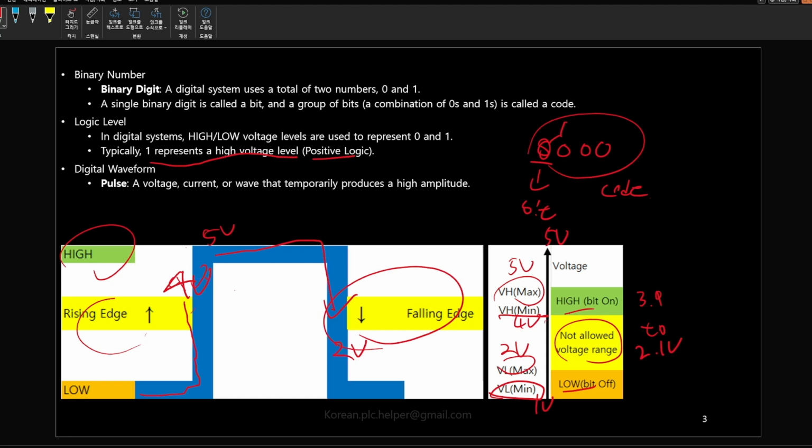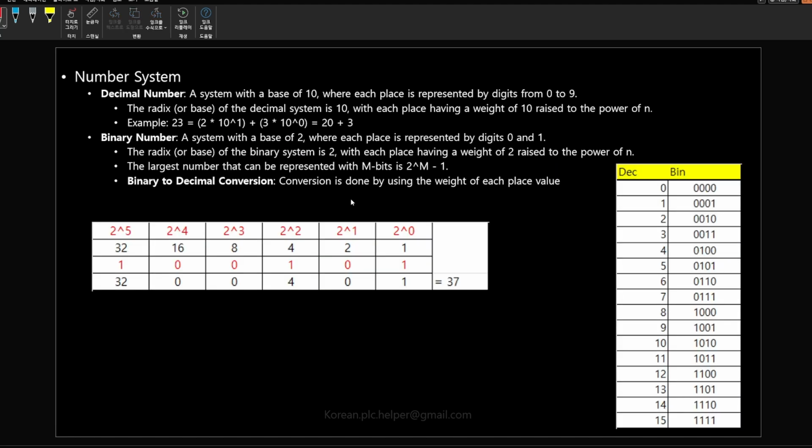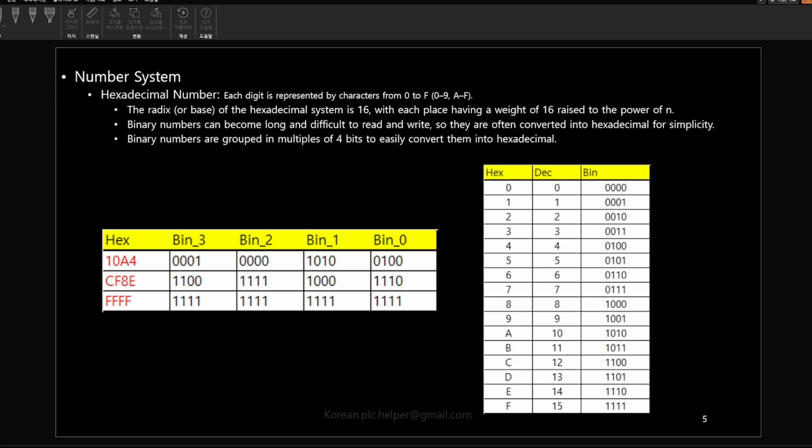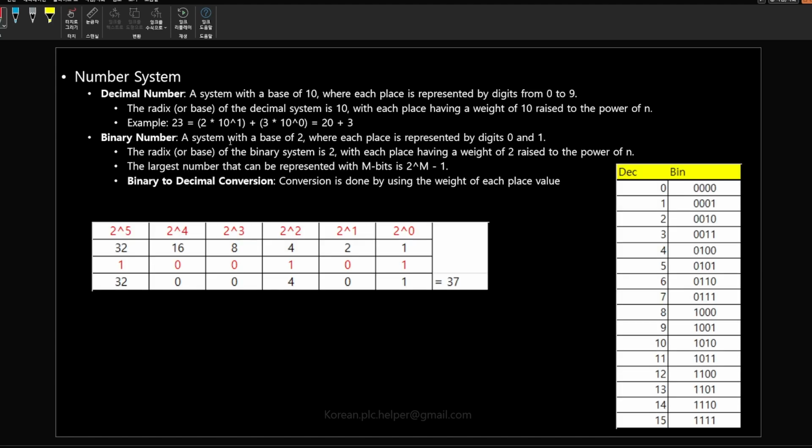Next is the number system. We will discuss three types of number systems: decimal, binary, and hexadecimal. First, the decimal system. The decimal system is represented by numbers from 0 to 9.